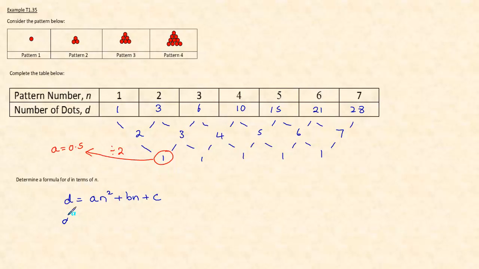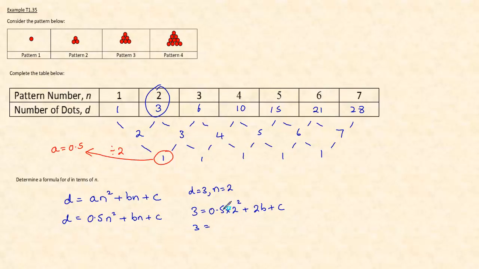So what I have is d is 0.5 n squared plus bn plus c. Now let's use this value here. So what we're going to use is that d equals 3 when n equals 2, and that gives me 3 is 0.5 times 2 squared plus 2b plus c.